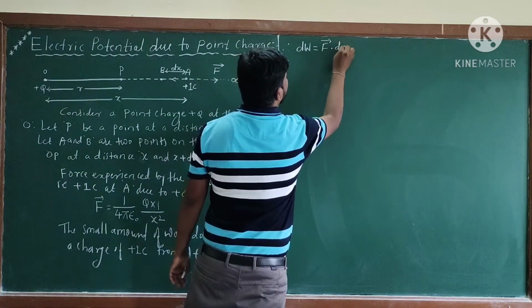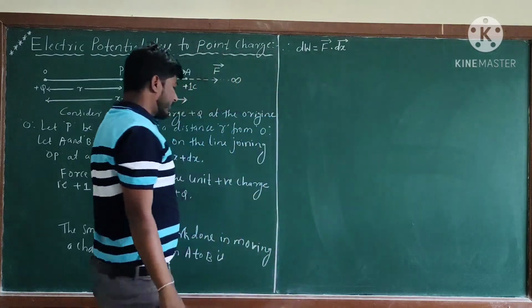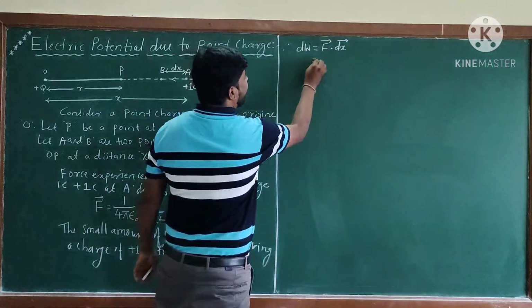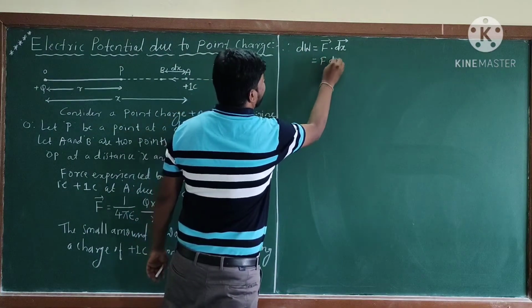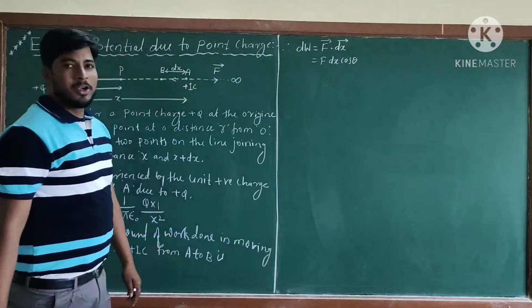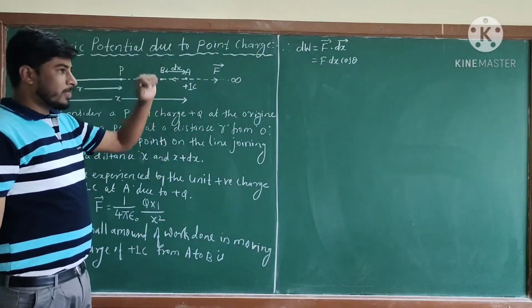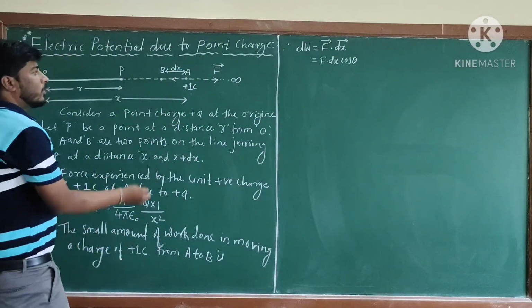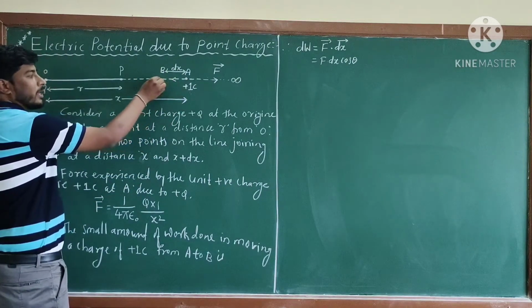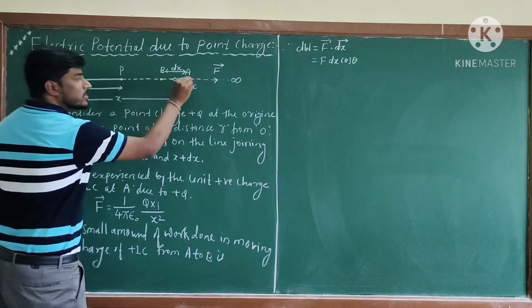F dot dx, or I will write that as F dx cos theta. We know this, that's the work done. Now work is done from point A to B, which is against the electrostatic force.